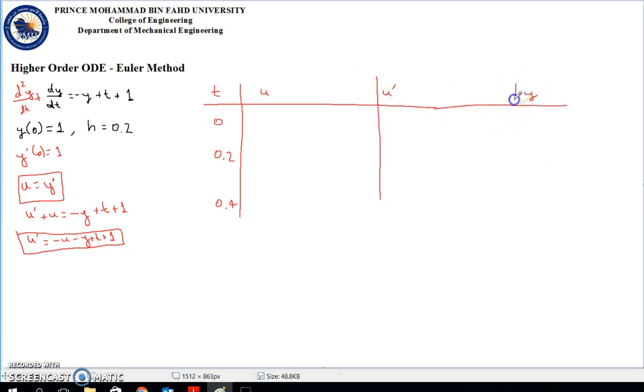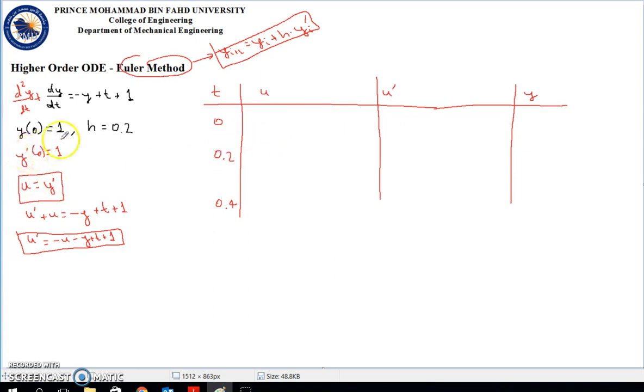So we're going to use the Euler method, where let's remember that Euler means that the next point, yi plus 1, is the previous point plus the step times the slope at the previous point. So let's keep this in mind. Okay, so let's put in here our initial values.